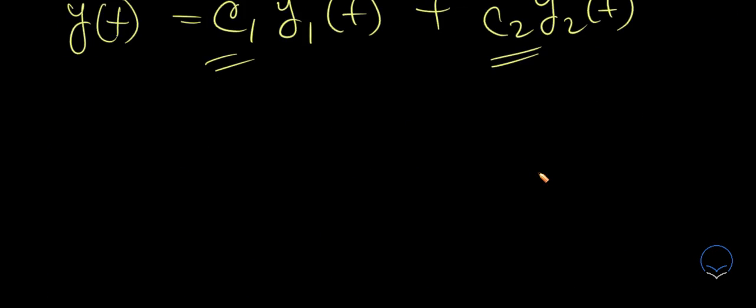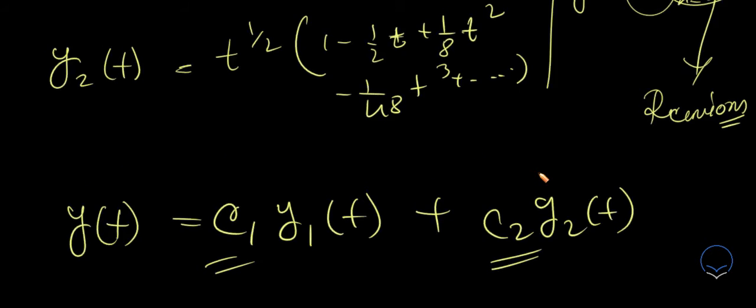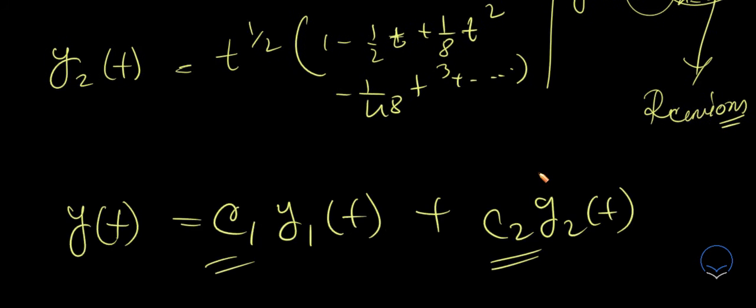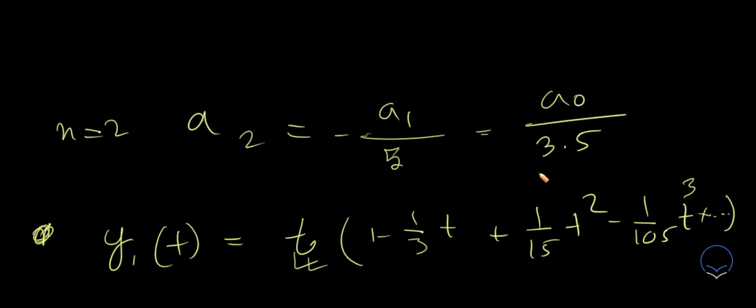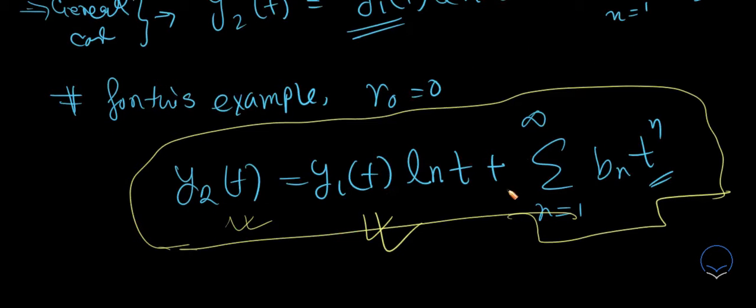First one needs to construct one solution, and then the other solution will be given by this theorem. Sorry for scrolling too fast. If you can construct this first solution y1 of t, the second solution is constructed with the help of this theorem.